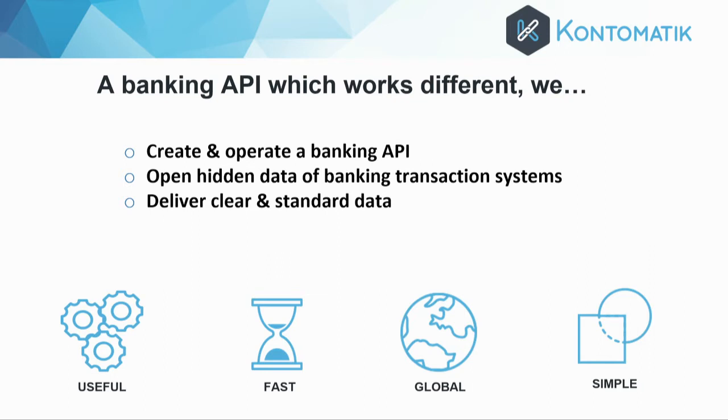There are a lot of banking APIs in the market which look similar. We will jump in in detail on why what we are doing is very different, very high quality and very high speed. In general, it is about creating and operating a banking API in countries where usually you are not served with an API. That's what we are operating globally and localizing. We hand over to you hidden data out of banking transaction systems.